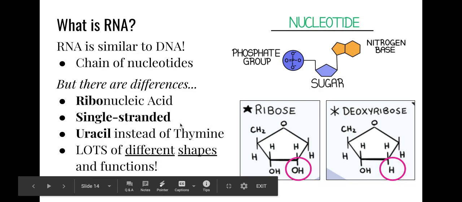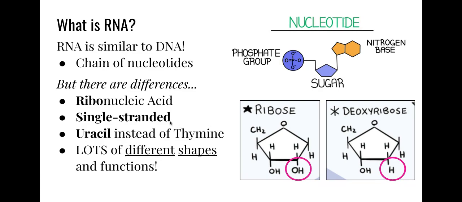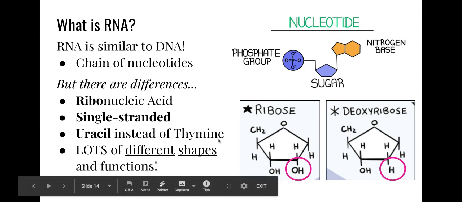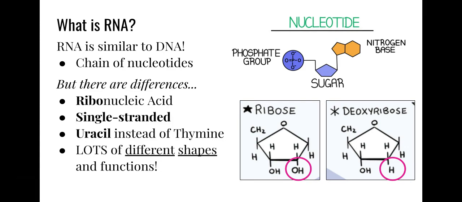Another difference between RNA and DNA is that RNA is single-stranded. It's just one single strand of nucleotides, whereas DNA has two strands in that double helix formation. RNA also uses a different nucleotide for some of its letters than DNA does. Remember, DNA uses adenine, thymine, guanine, and cytosine.